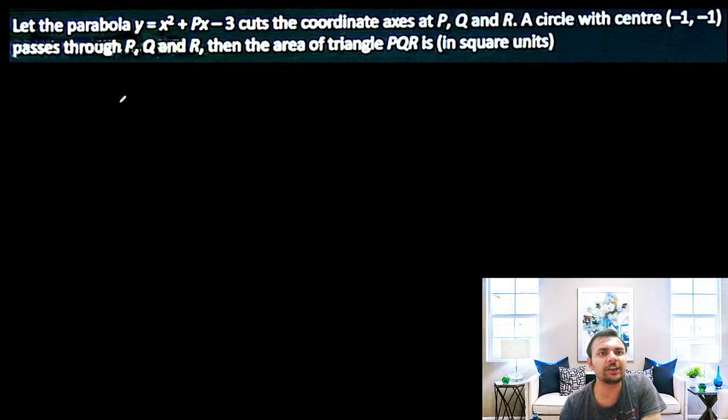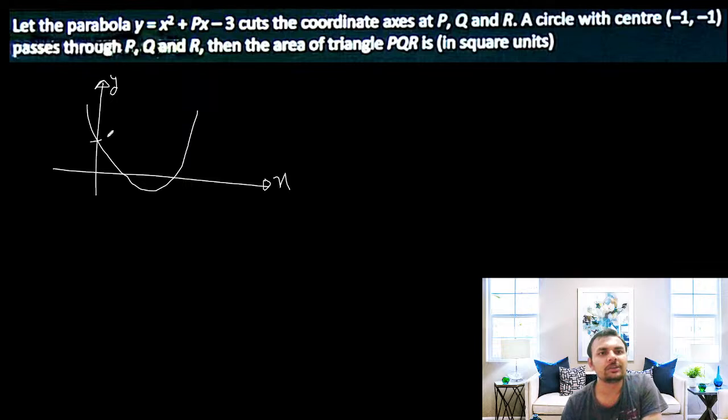So now this is the question. We have a parabola which is cutting the coordinate axis. This is 0 comma minus 3, this is x1 comma 0, this is x2 comma 0.